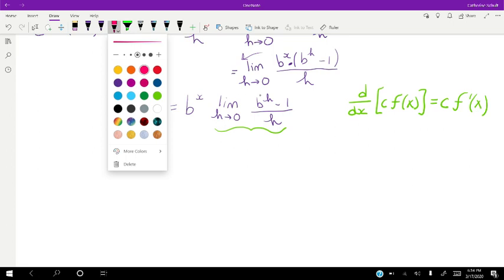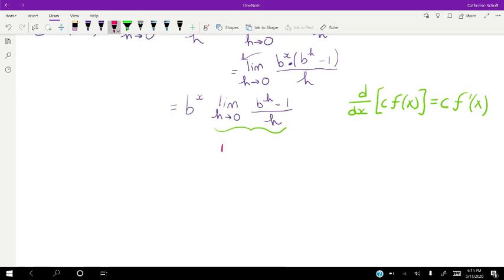But this is almost like this part right here. I'm going to play around with some zeros. We know that we can add zeros to a sum and nothing changes. And then we know for an exponent, b to the 0 equals 1. So I made those two switches. And why did I do that?